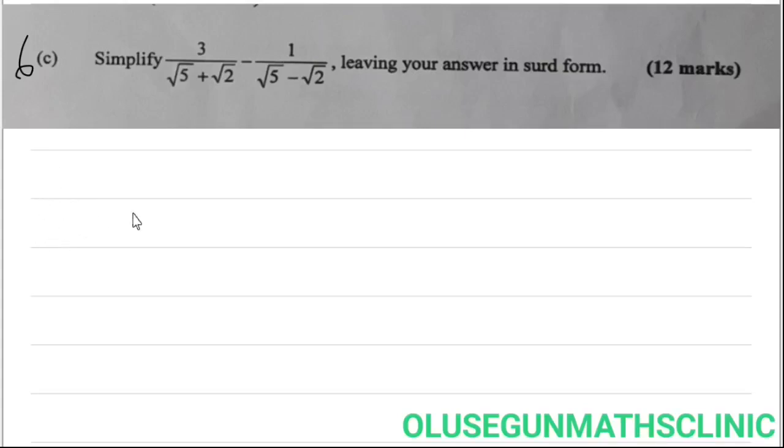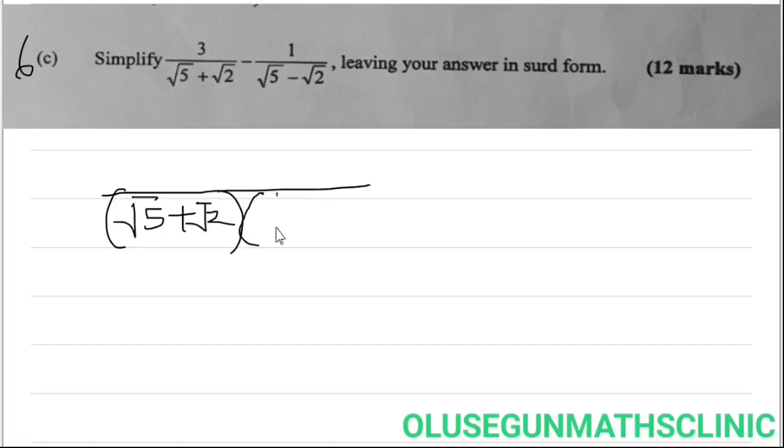So let our expression be these two short forms. We have root 5 plus root 2 onto root 5 minus root 2. So by the time this divides this, it will remain this.